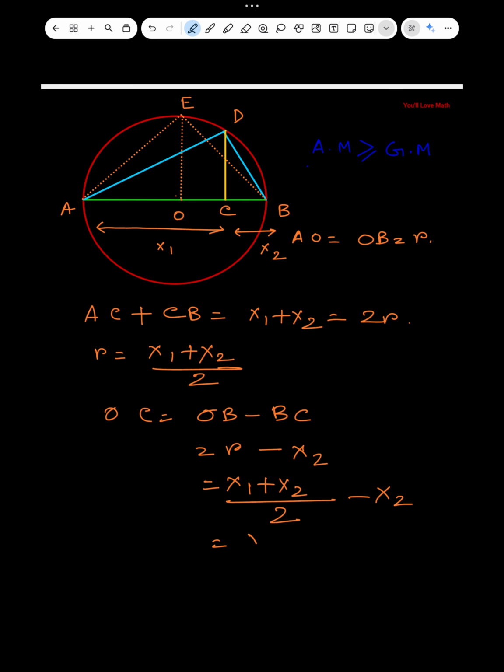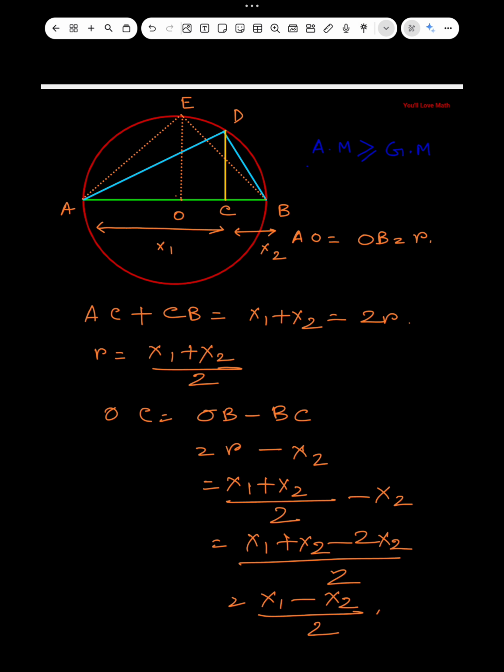So (x1 + x2 - 2x2)/2, that means (x1 - x2)/2. So OC is basically (x1 - x2)/2, and R is basically (x1 + x2)/2. So we got the two values.